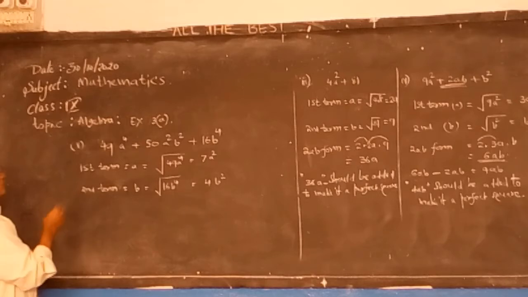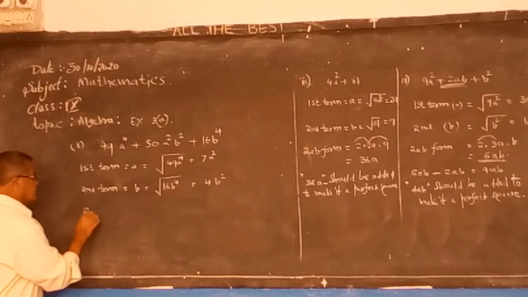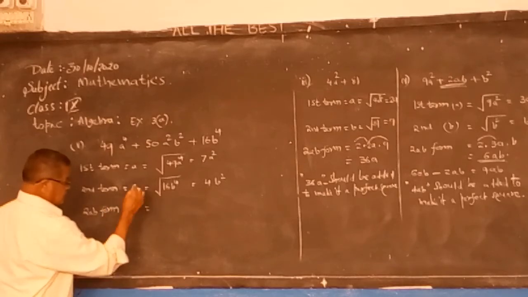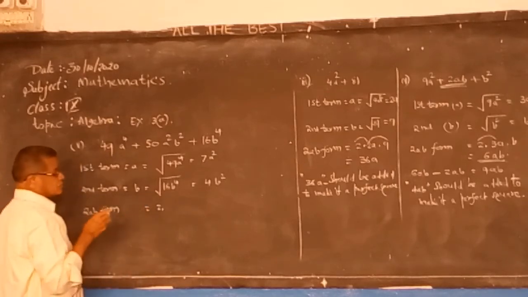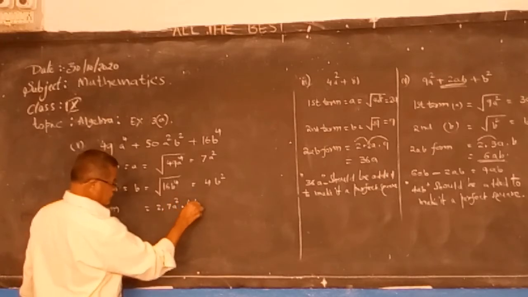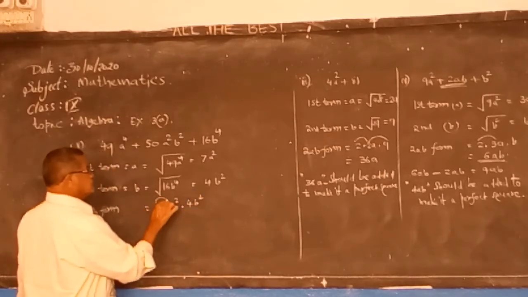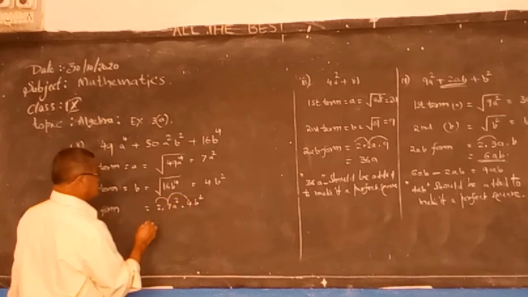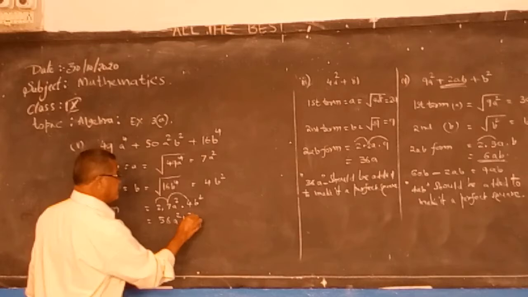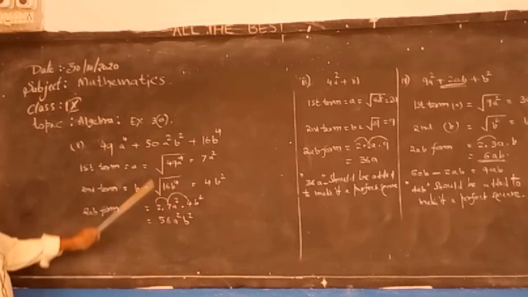And the next, the 2ab form, third. 2ab form is equal to 2 into first term 7a squared, second term 4b squared. 2 7s are 14, 14 4s are 56. 56a squared b squared should be there, but it is not given.